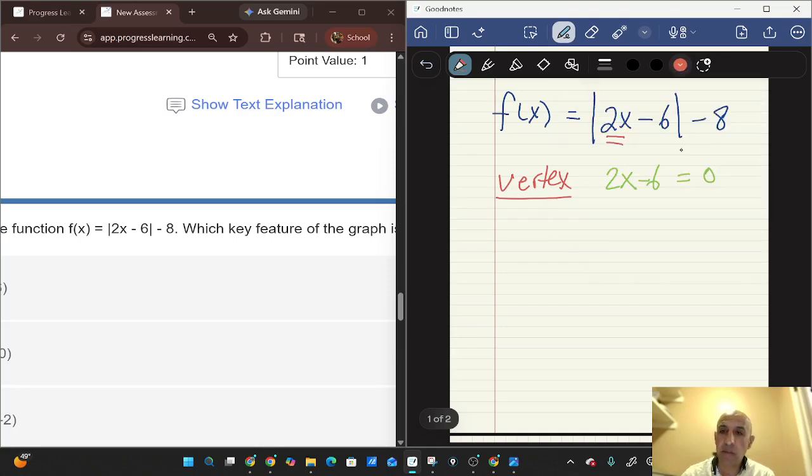Using algebra, we can use the first step of adding 6 and adding 6. And this step in algebra, we call it the addition property of equality.